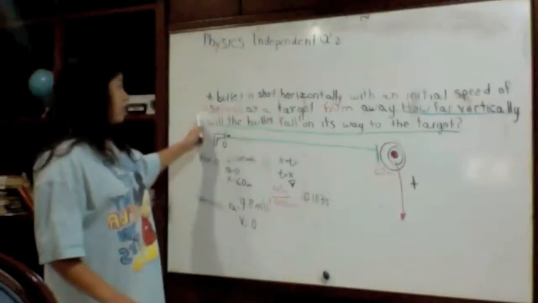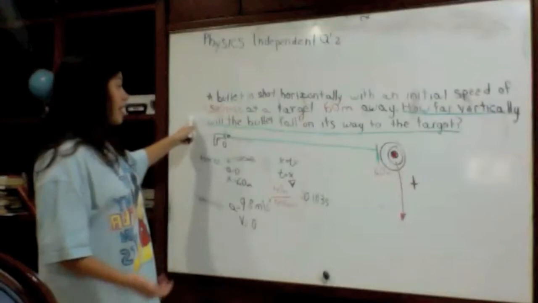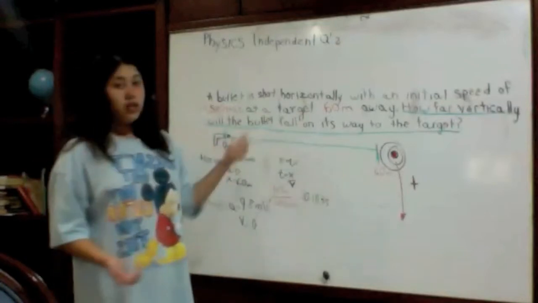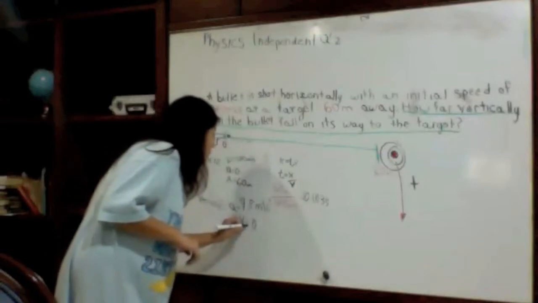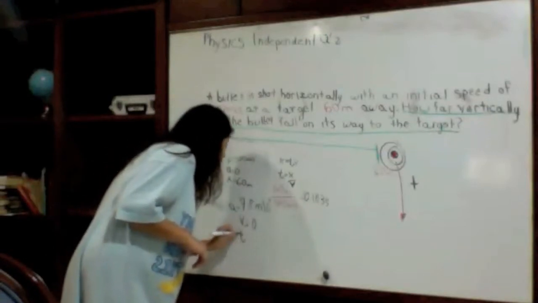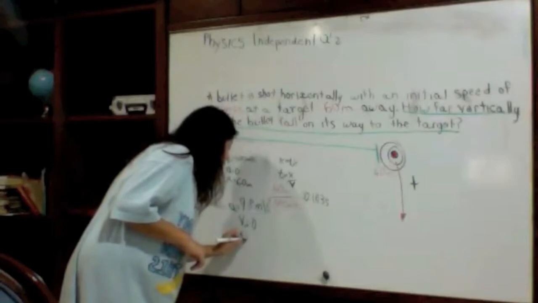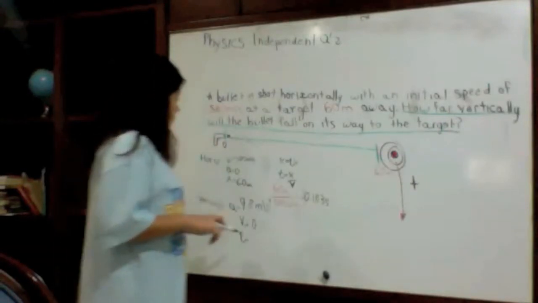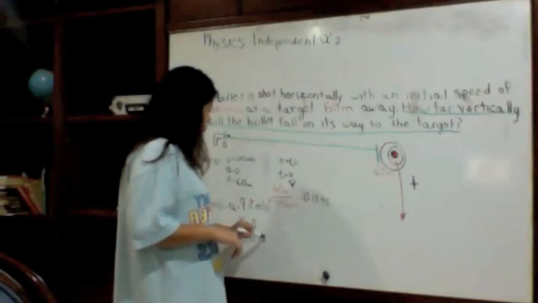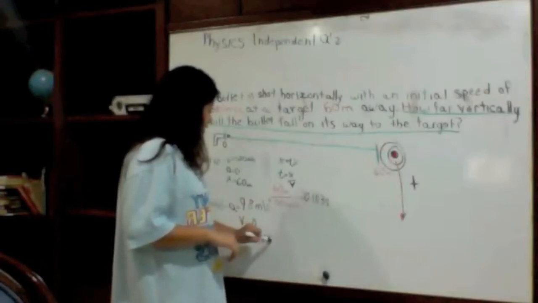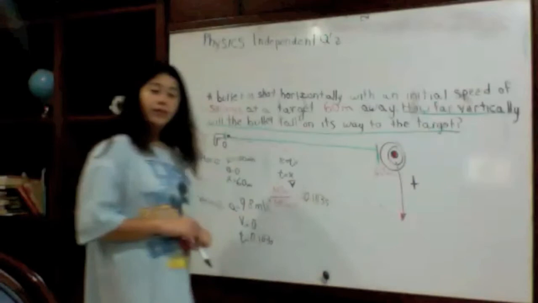Yes, it does tell us that it is 580, but that is specifically horizontally. And we also know our time, which is 0.1036.